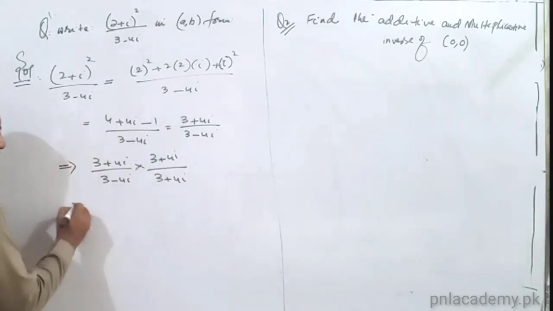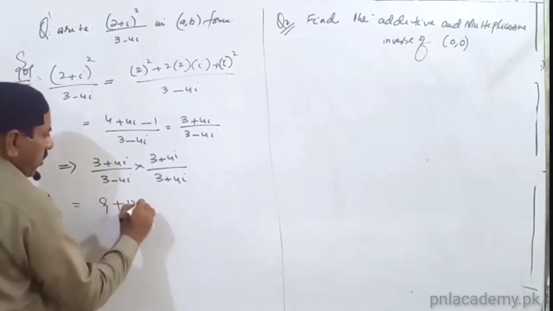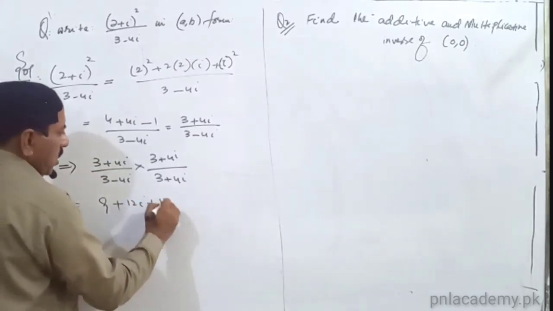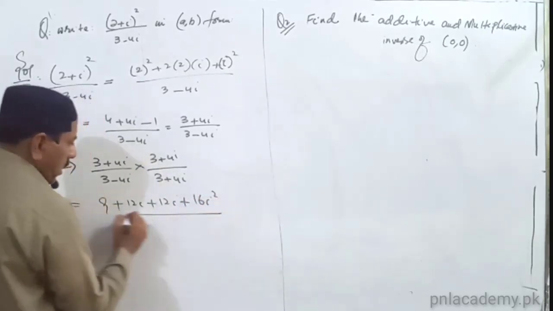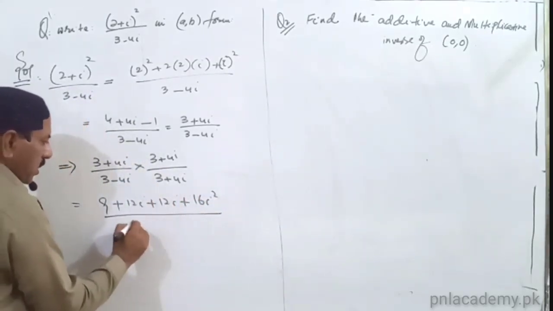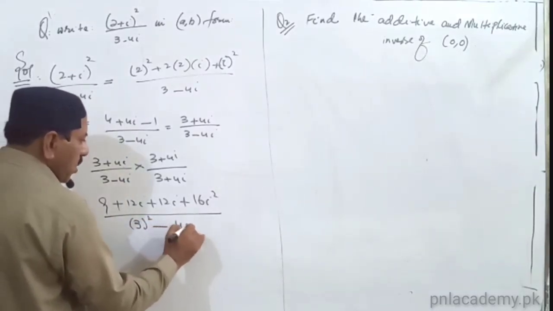So this will be 3 3s are 9, plus 12 iota plus 12 iota plus 4 4s are 16 iota square, upon a minus b, a plus b is a square minus b square, means 3 square minus 4 iota square.